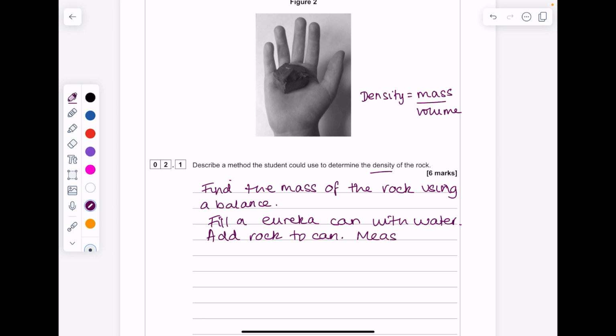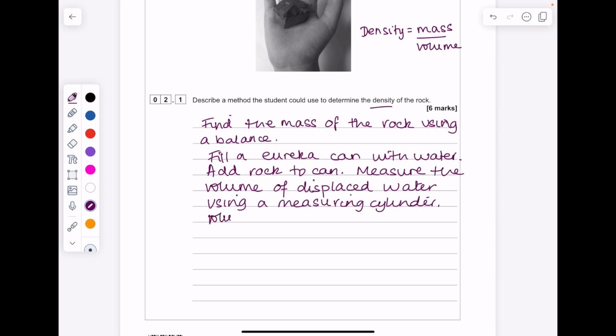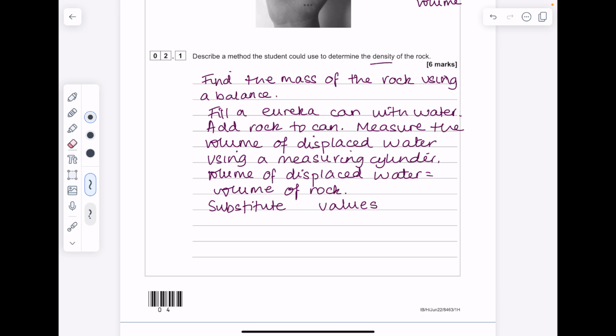So we're going to measure the volume of displaced water using a measuring cylinder. Always mention appropriate apparatus. So clearly we are inferring that the volume of displaced water is the same as the volume of the rock. And then substitute values into the equation. Don't forget to state the equation. Density equals mass over volume.